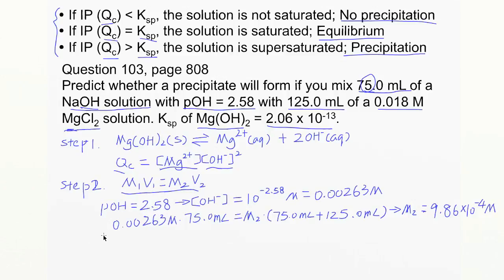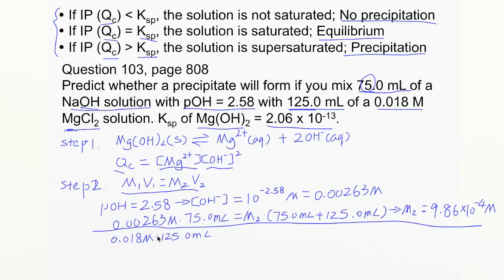And we do the same thing for magnesium. M1V1 equals M2V2. Before you mix the two solutions together, the concentration of the magnesium is 0.018 mole per liter. V1, in this case, is 125.0 ml.